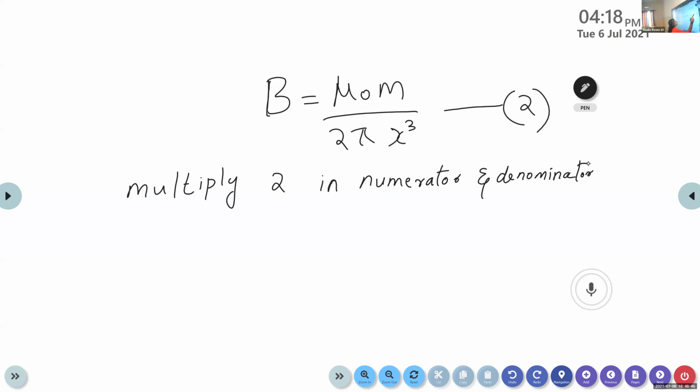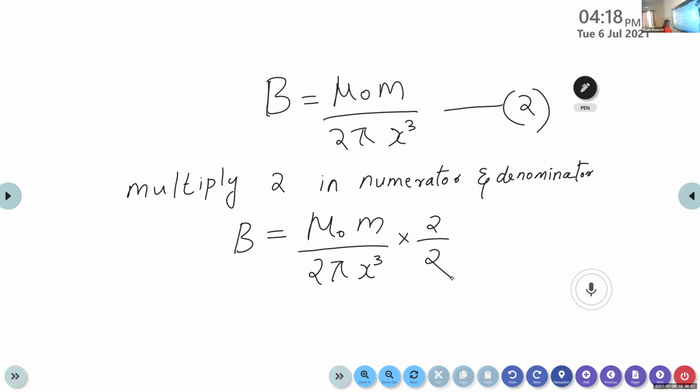We get B is equal to mu 0 m divided by 2 pi x cube into 2 divided by 2, that is mu 0 m into 2 divided by 2 pi x cube into 2.